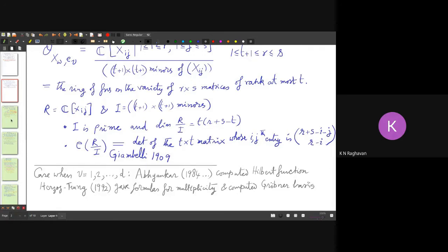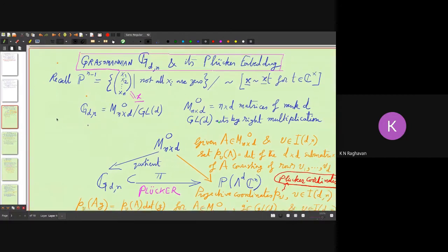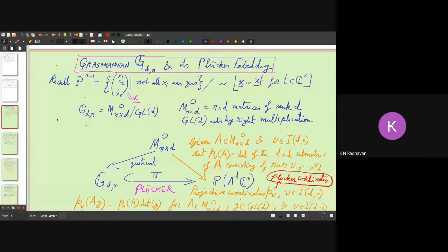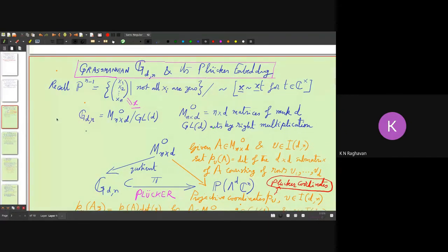Okay, now for the next few pages, I apologize to the experts, and I'll recall facts about the Grassmannian, its Plücker embedding, and details of Schubert varieties. So this Grassmannian is a non-singular projective variety, and how that is so is what I'm going to recall now.